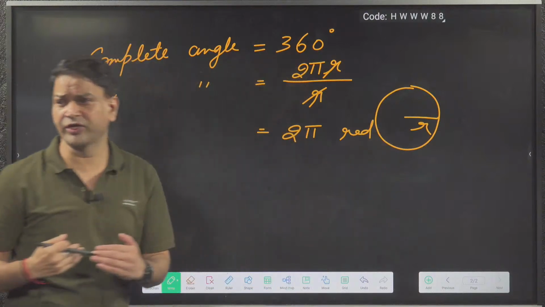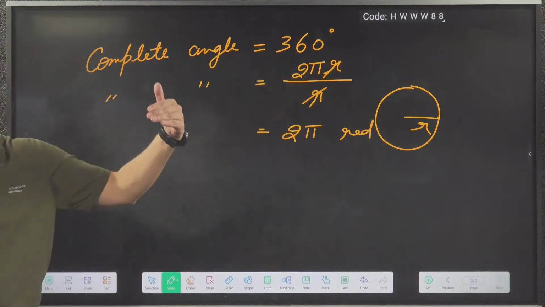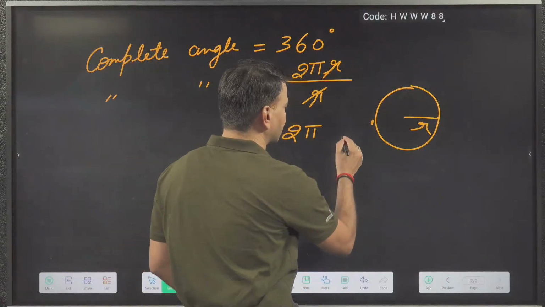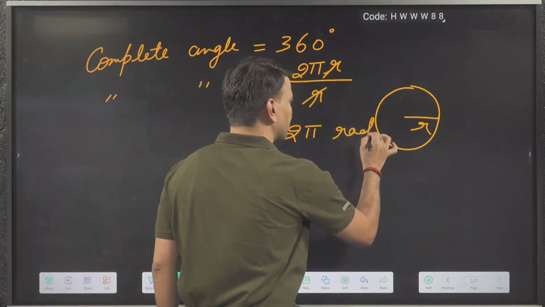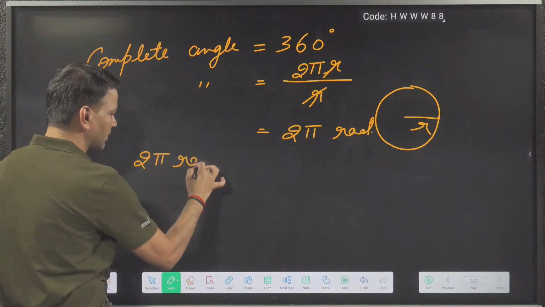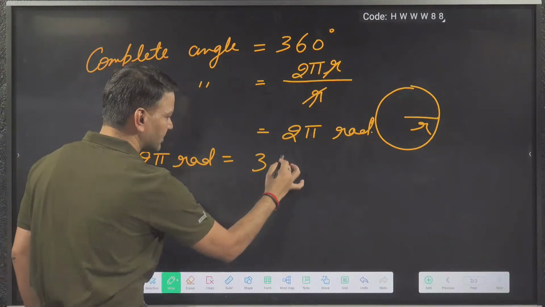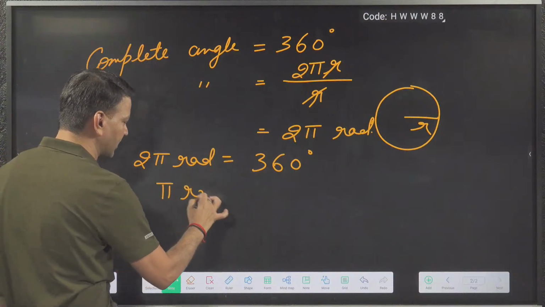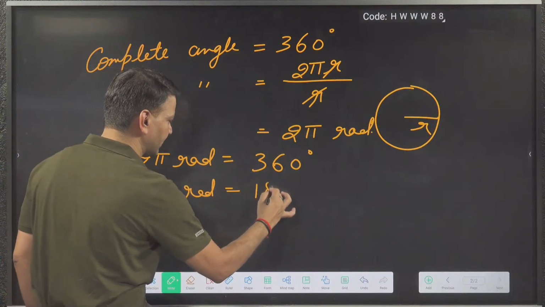So one relation we got. 360 degree is the complete angle and 2 pi radian is the complete angle. Then what is the relation between them? 2 pi radian is equal to 360 degree. Then from this I can say pi radian is equal to 180 degree.